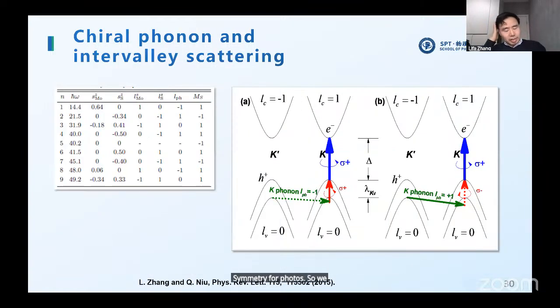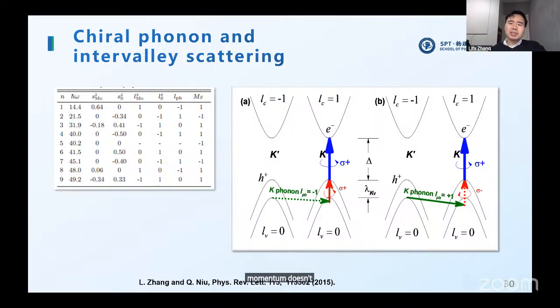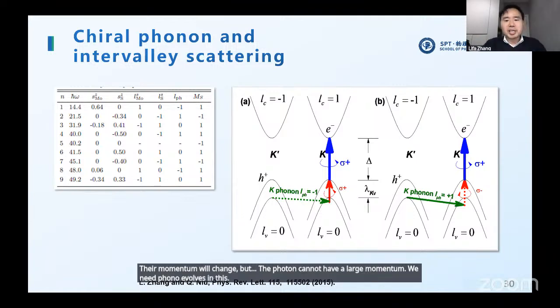So let's think about electron intervalley scattering. In intravalley scattering, we observe photons because energy changes but momentum doesn't change. But if the electron goes from one valley to another valley, then momentum will change. The photon cannot have such a large momentum, so we need a phonon involved in this process.